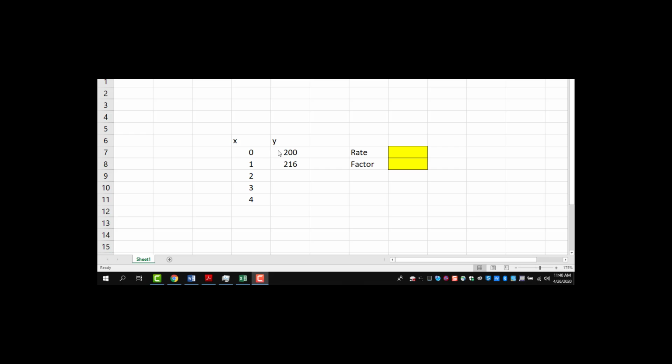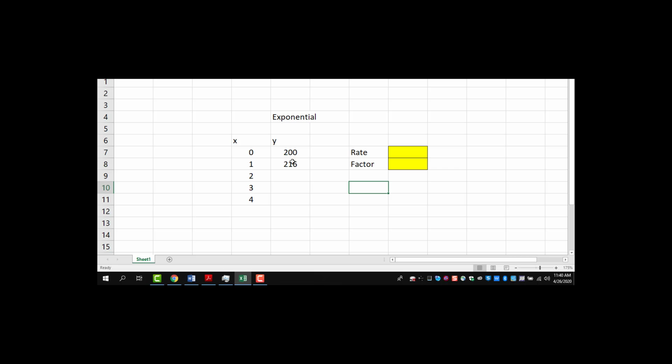Okay, so here we're going to find what the rate and the factor is for this problem, knowing that it's exponential. You have to know that. Otherwise, you can say, well, maybe it's linear, right? But knowing and being told it's exponential, what is the rate and factor?